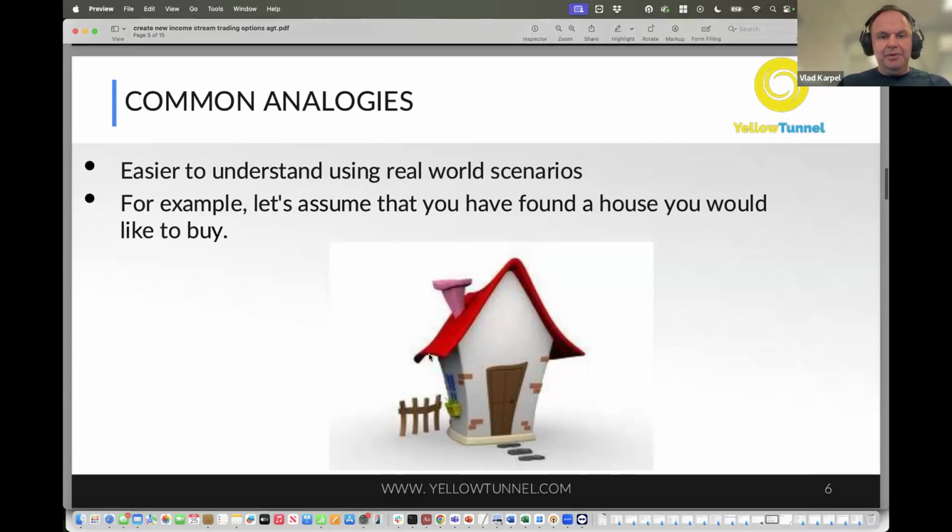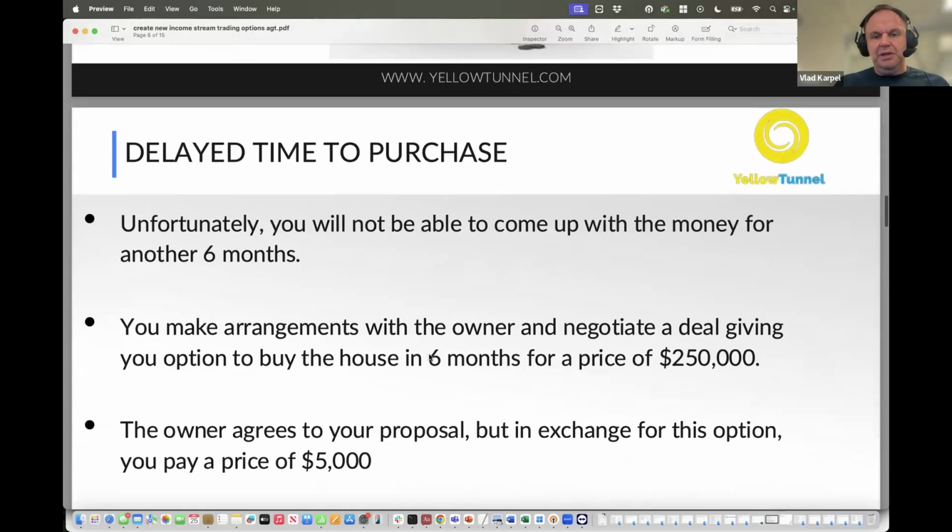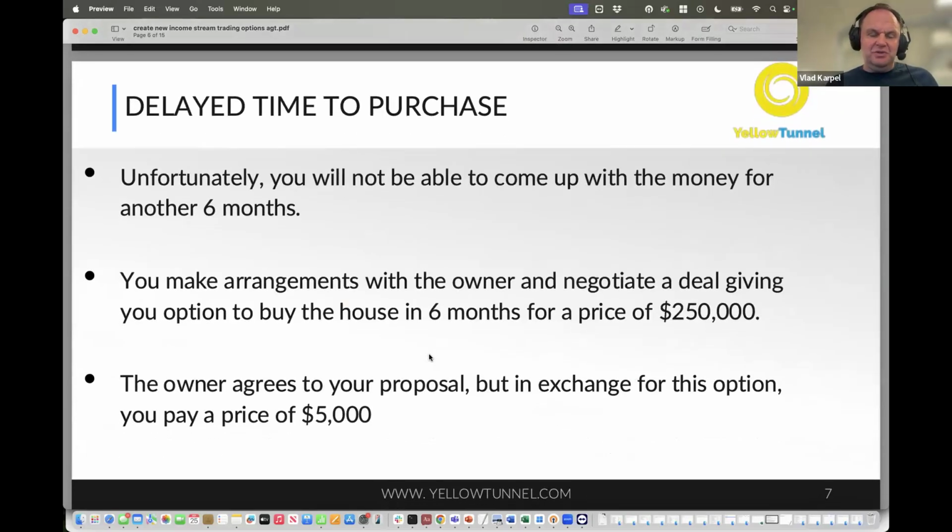So some examples. I always think about the house; this is one of the examples I use, and some of the students like that. If you're renting out a house, or if you want to sell the house, as a landlord you can give a tenant an option to buy the house. They can rent it for a year, and if they don't have money right now, they just want to see the area and get used to it, they can rent for a year, and then you give them an option to buy the house when the 12-month lease is over.